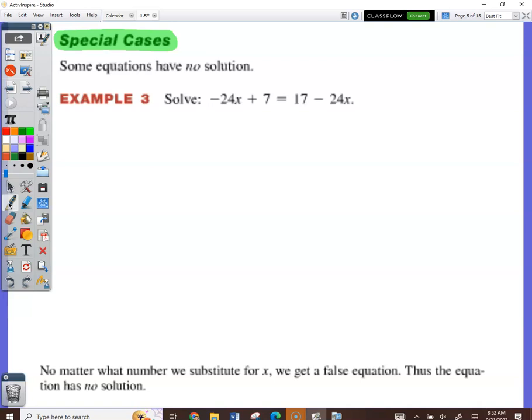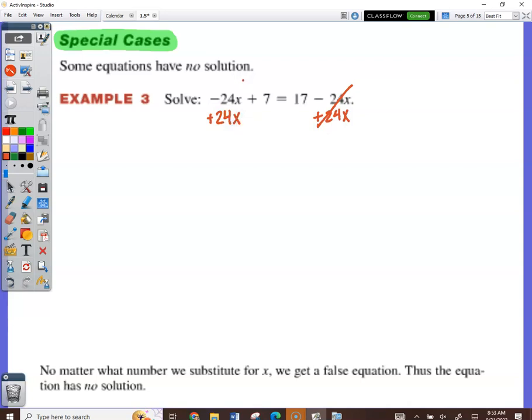Is there anything to simplify? No. So we're ready to start moving things to opposite sides, right? I always work with my variable term first. I'm going to add this to the left. So I'm trying to get rid of it from here. I'm going to go over here and balance it out.